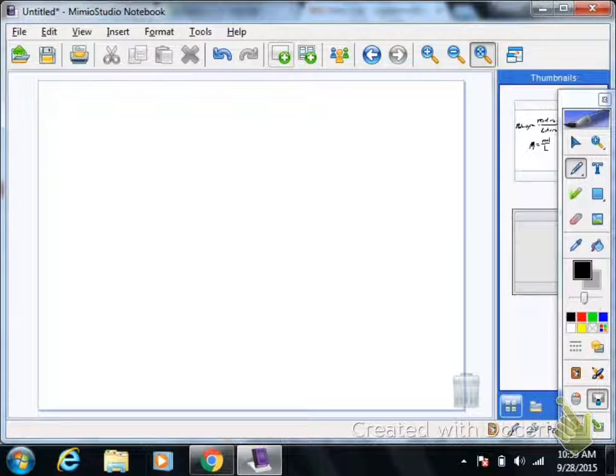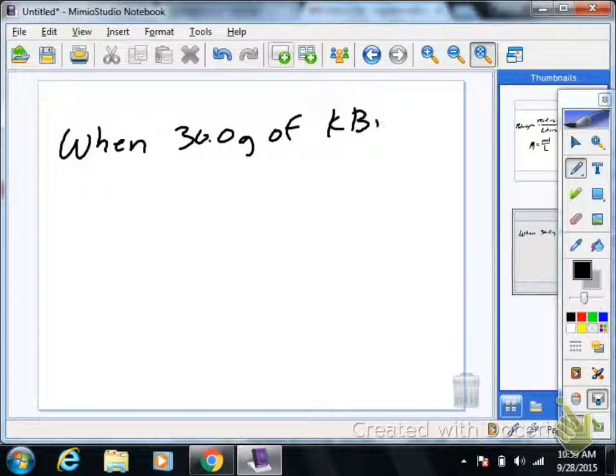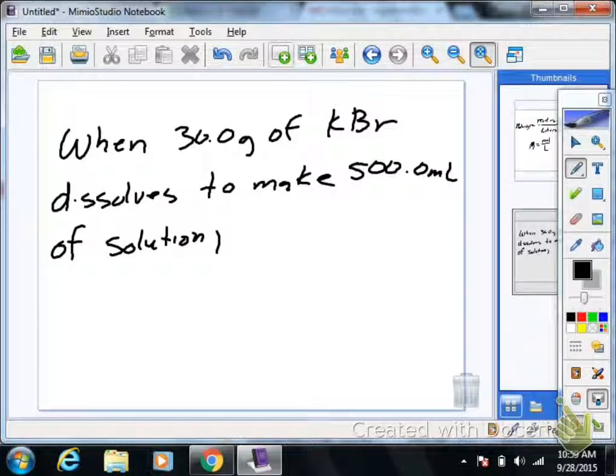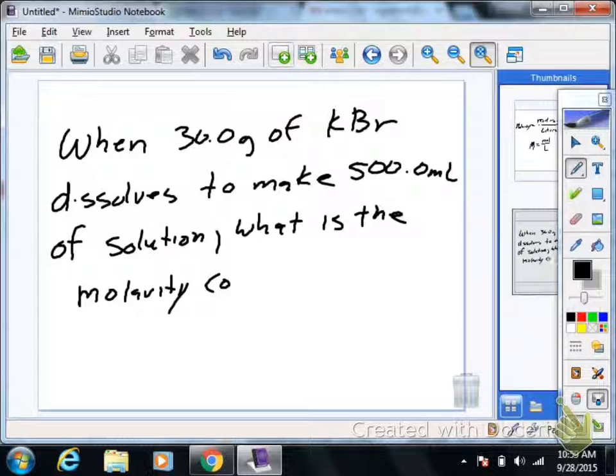So the first question that we have is, when 30 grams of KBr dissolves to make 500 milliliters of solution, what is the molarity concentration of KBr?